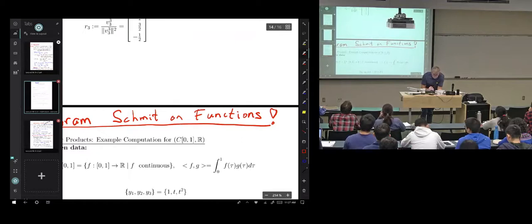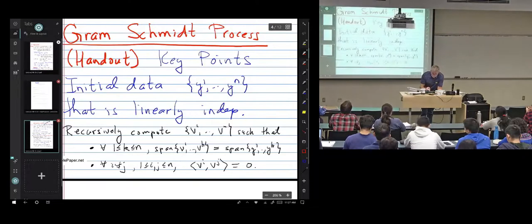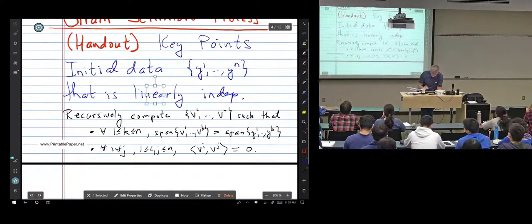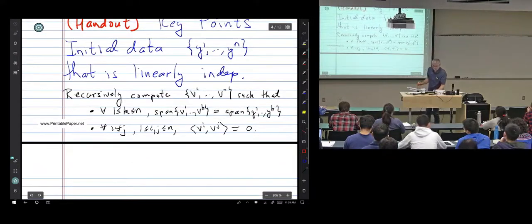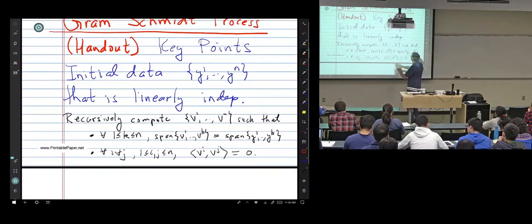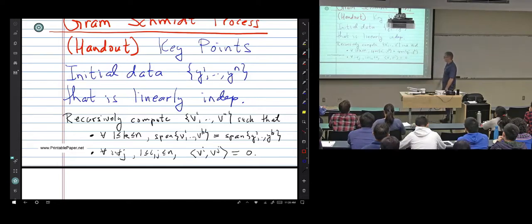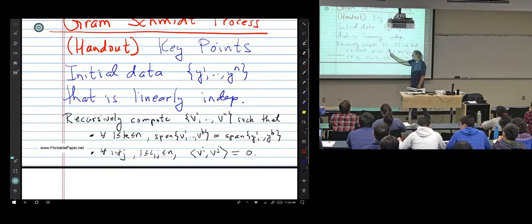Okay, so the handout's got lots of little practical stuff, and the main thing is what we were doing here. Start out with a set of linearly independent vectors. We produce another set of linearly independent vectors recursively. If I stop at k, I have the same span on both sides, and these vectors are orthogonal.